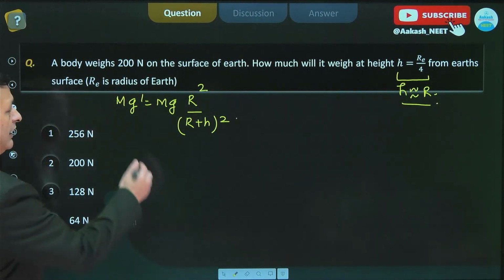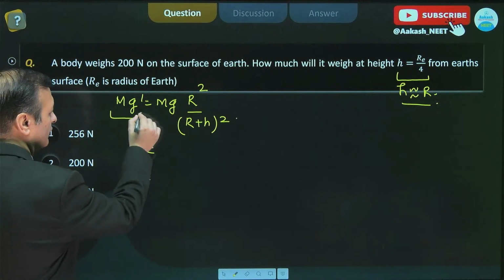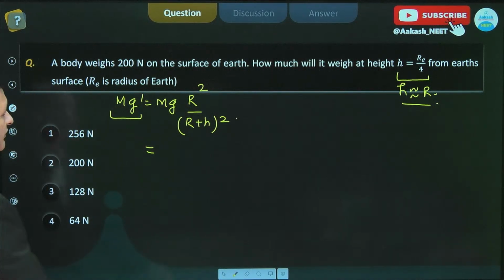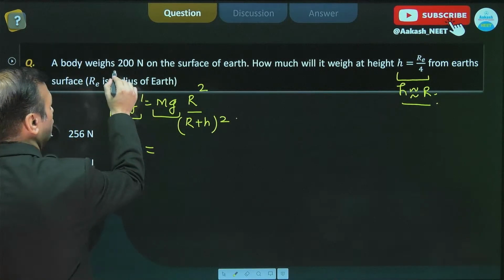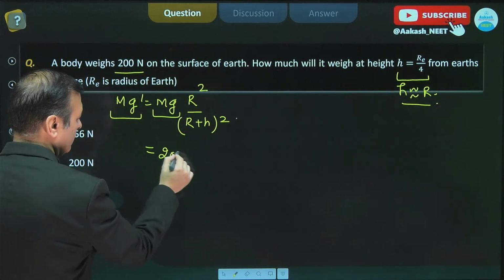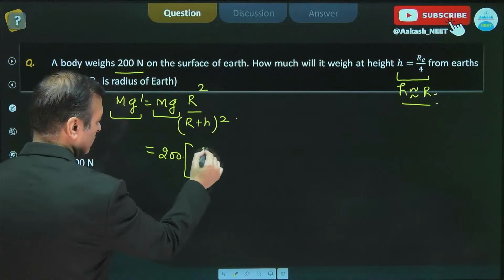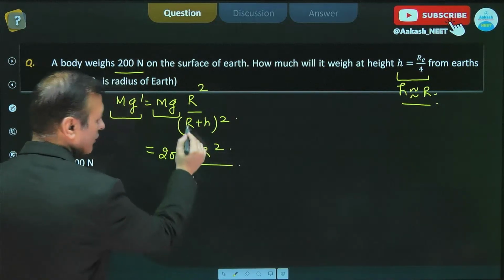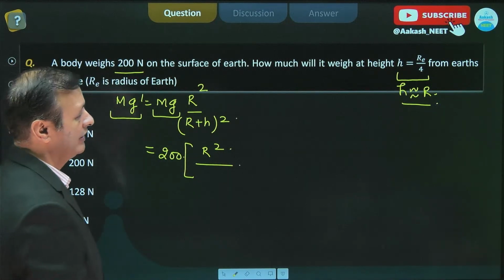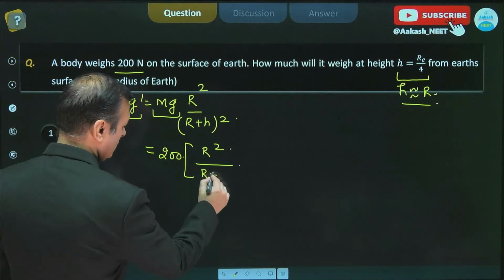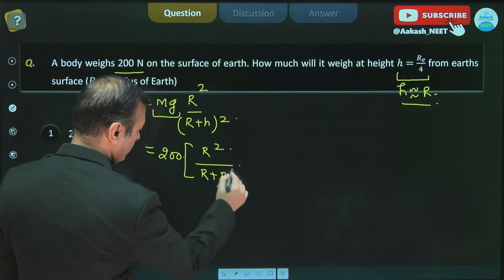So this is mg dash, we need to find this, and mg on the surface of Earth, its weight, is 200 Newton. This is r square, and this is R plus h, where h is r by 4.